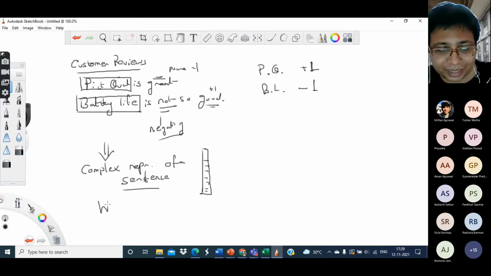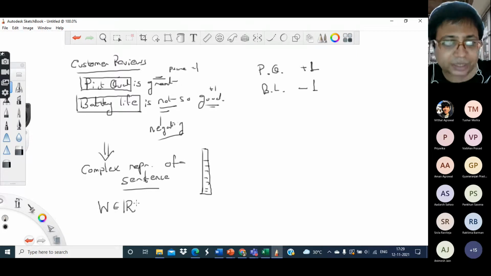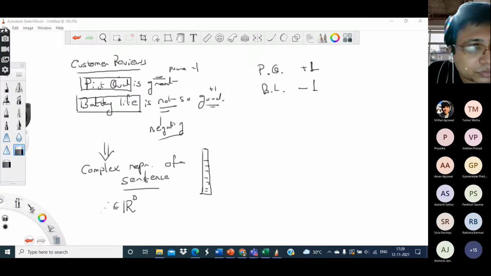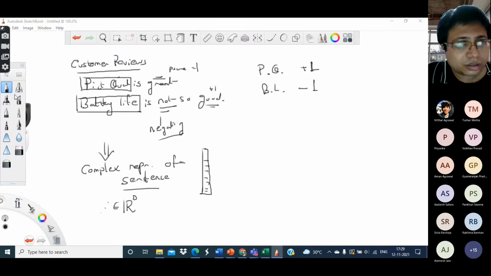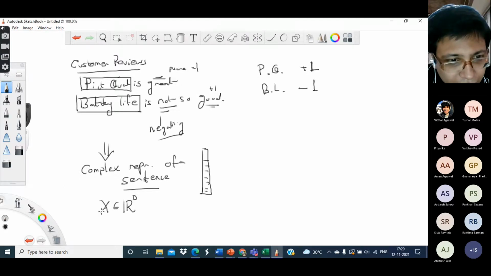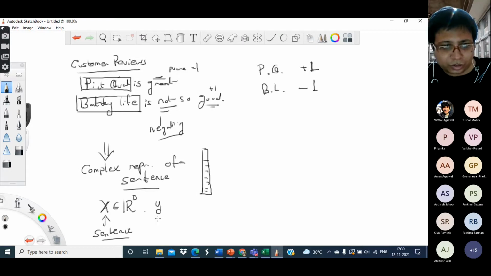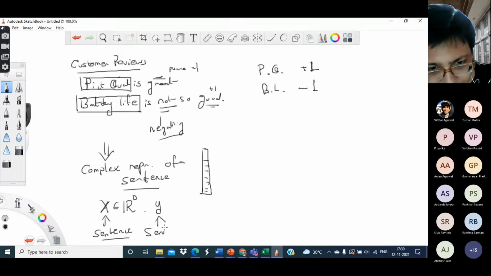You will have a sentence represented as a vector, and instead of w, let me write it as x. So this x is a sentence, and along with x there exists y, which is the sentiment level.